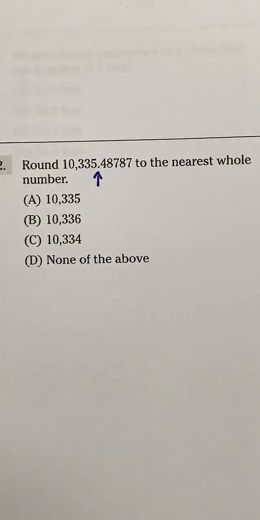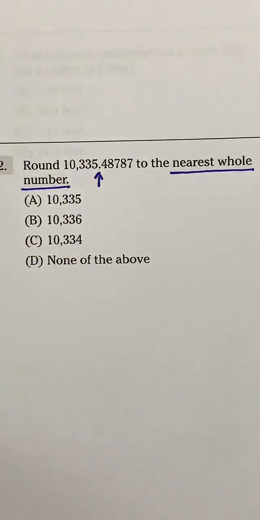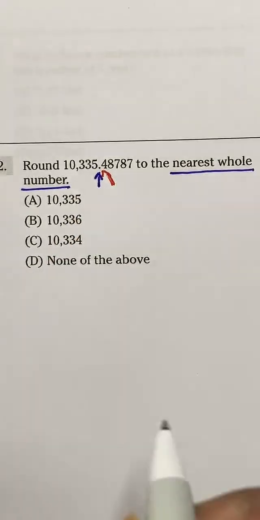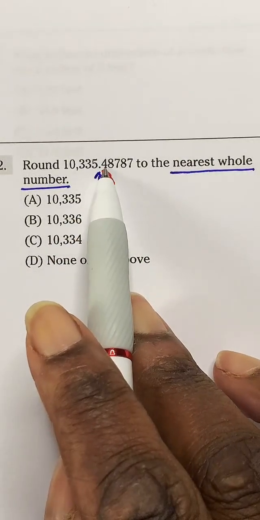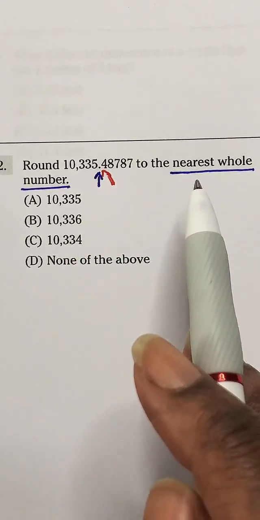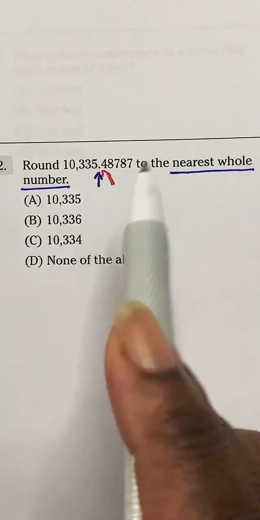All right, so we have a decimal point right here. If we are rounding to the nearest whole number, that means I'm looking at the number in the tenths spot, which is that 4. If it's 4 and below, meaning 4, 3, 2, 1, 0, I am going to leave this number alone and ignore what's happening after it.